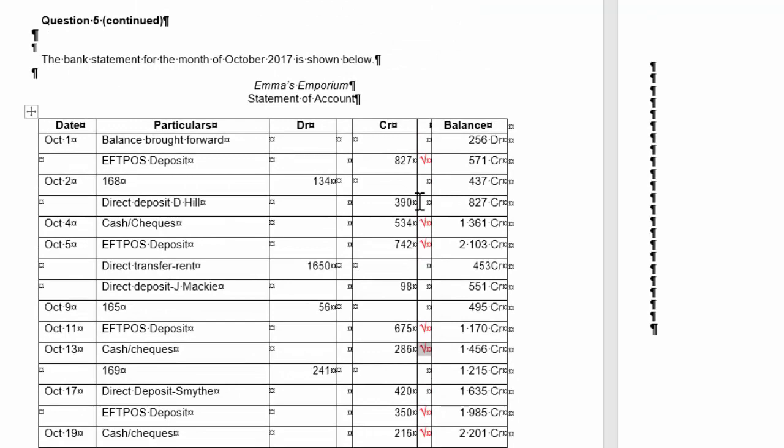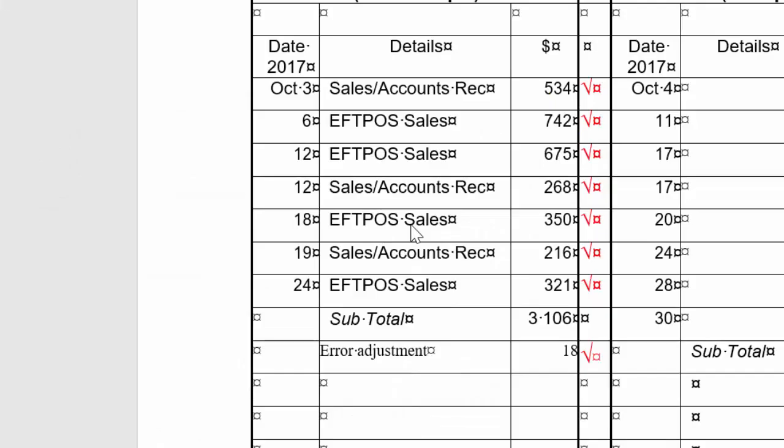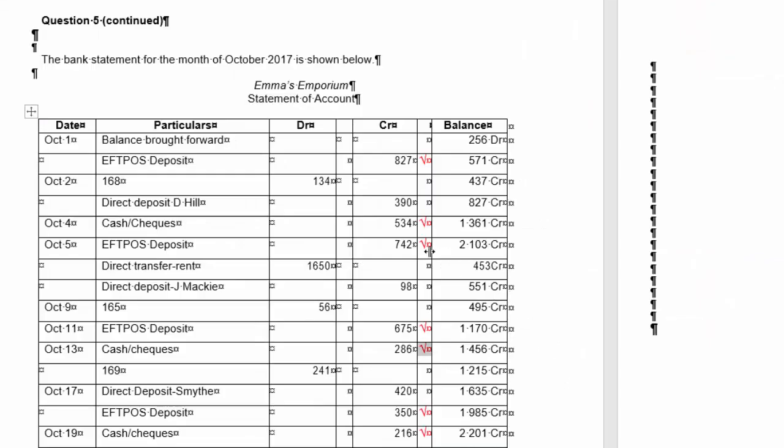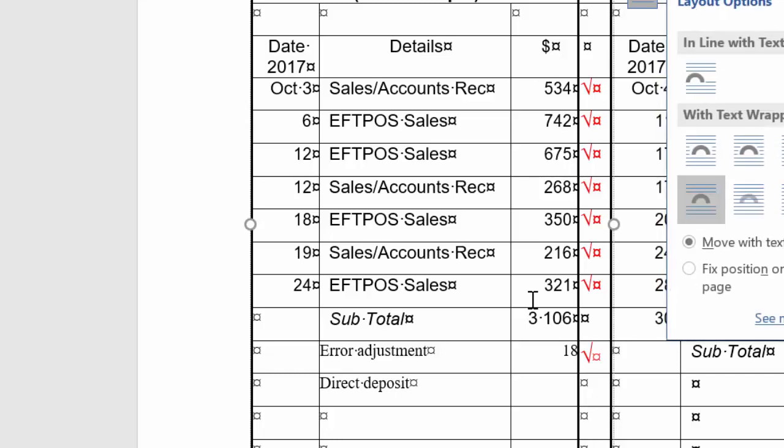In the first instance, this 390 on the second, I must add that. I'll put here direct deposit, and the amount was 390, so I'll put that in, and so on.